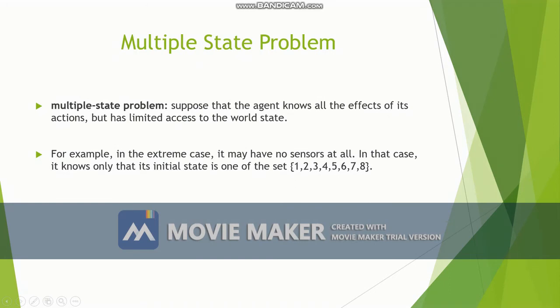Now let us discuss multiple state problem. I hope single state problem is clear to everyone. What happens in multiple state problem is that we know about all the actions that can be taken, but we have limited knowledge about the current environment.